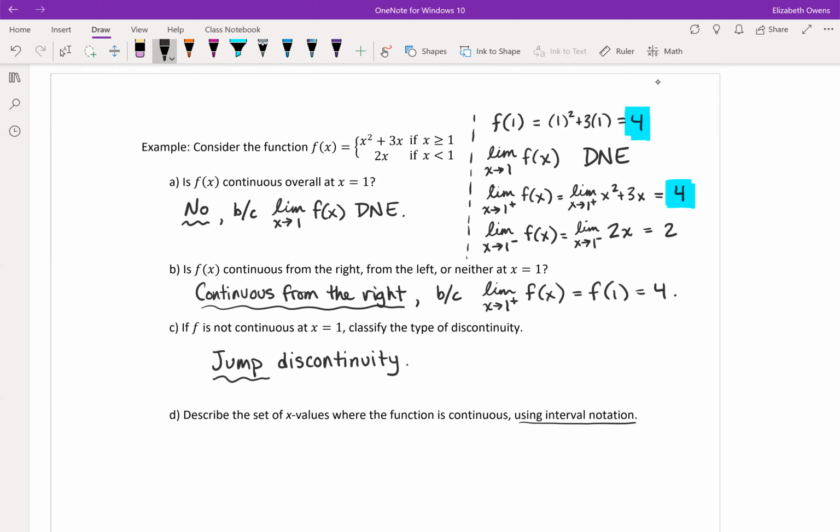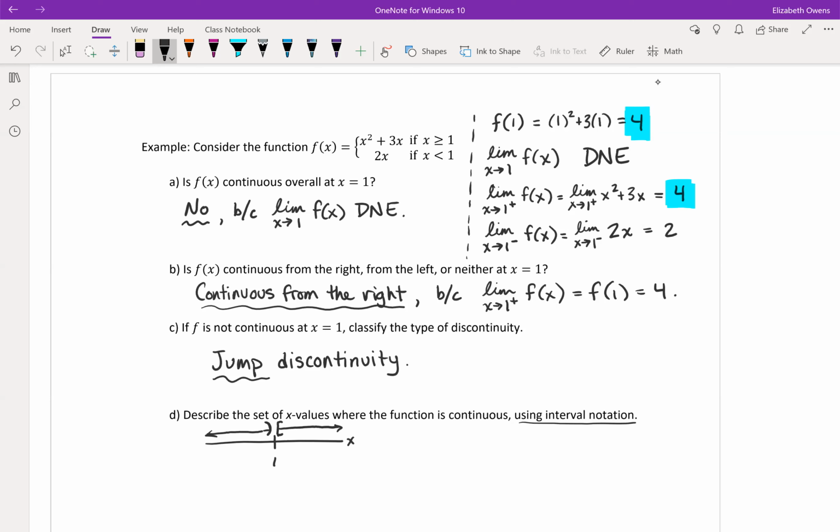So as we're looking along our x values, the function is continuous, continuous, continuous. This is the part of the function that equals 2x right here. It was not continuous from that side, but then from the right, the function was continuous. We had this match up here. And then it's a continuous function going on from there.